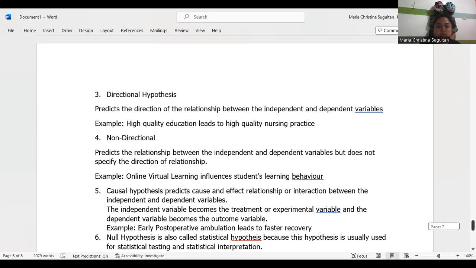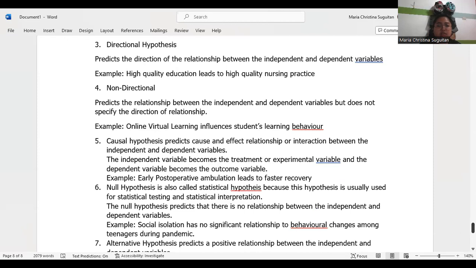When we talk about causal hypothesis, it predicts cause and effect relationship or interaction between the independent and dependent variable. The independent variable becomes a treatment or experimental variable and the dependent variable becomes the outcome variable.